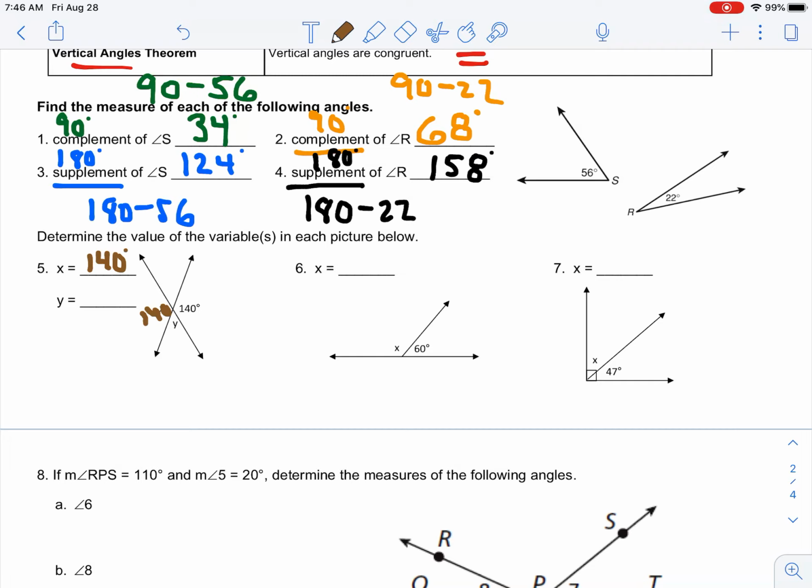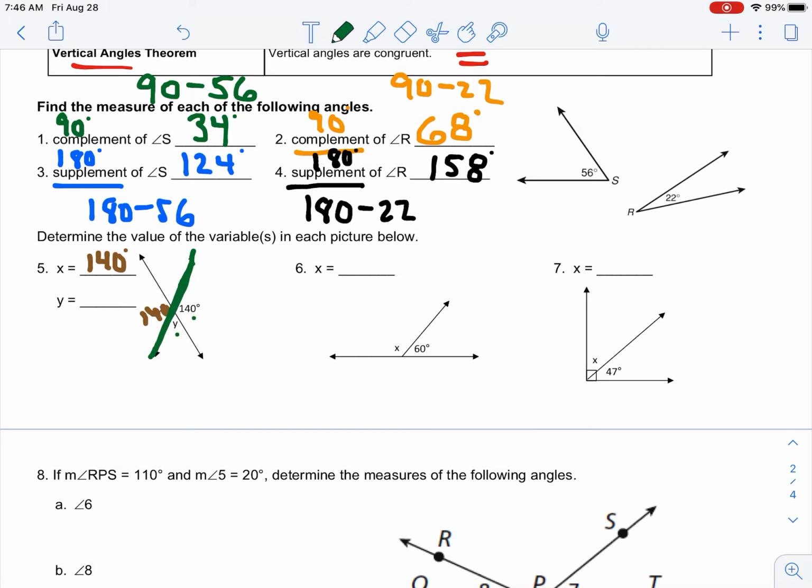Now, to find Y, I'm going to go back and look for a straight line. You'll notice in this picture, if I trace this line, let's trace it again a little nicer so we can see it. If I trace this line and I cover the half of it, I notice that this 140 and this Y are next to each other on a straight line.